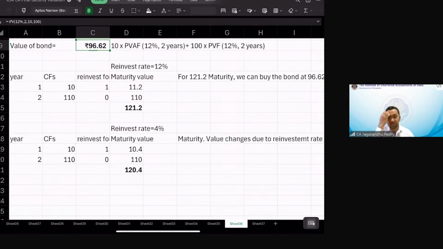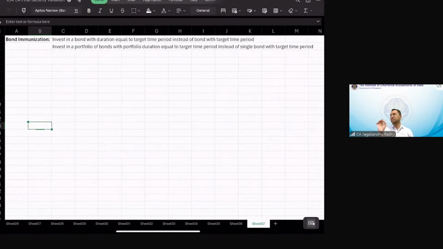There is a problem because the reinvestment risk is what you are assuming. So don't invest in such a single security, single tenure bond. Rather, you should try to find such a bond which has the duration of 2 years.